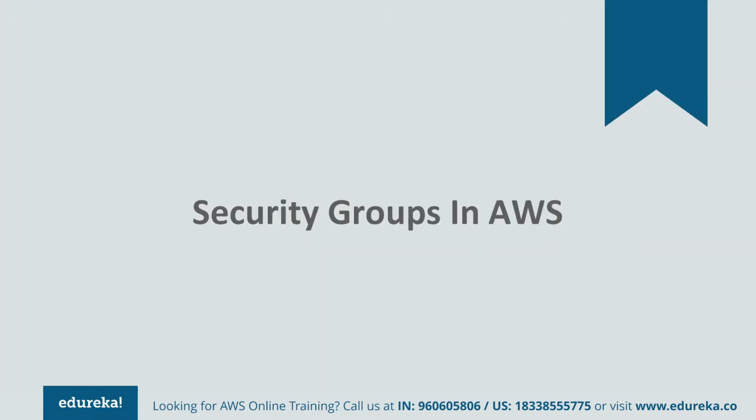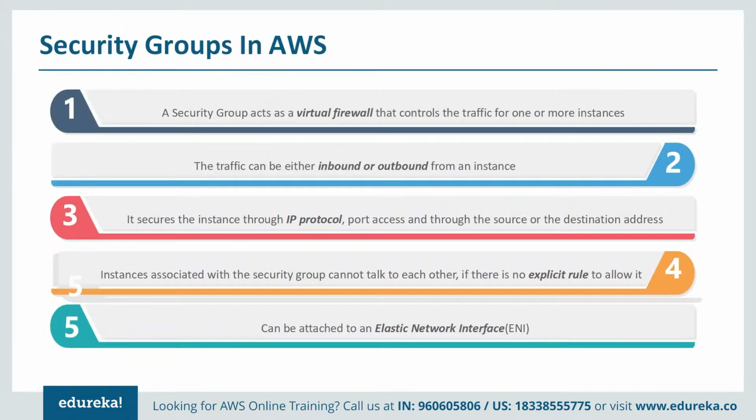demo part. With respect to security, we have security groups that operate at the compute layer, or at your instance level. So security groups act as a virtual firewall that controls both incoming and outgoing traffic. So in this case, all you need to do is specify within the security group for which protocol, which port number, what is the source and what is the destination that you want the traffic to be allowed.